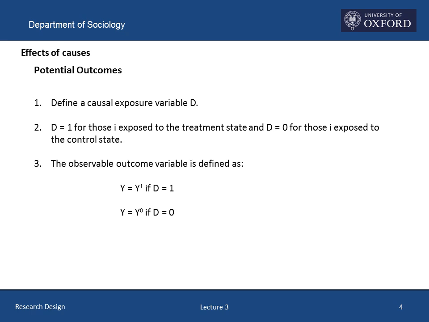So the observable outcome variable is defined as capital Y equals capital Y superscript 1 if D equals 1, and capital Y equals capital Y superscript 0 if D equals 0.